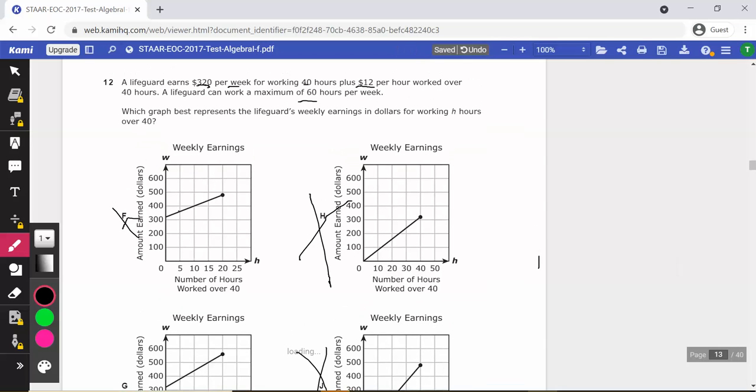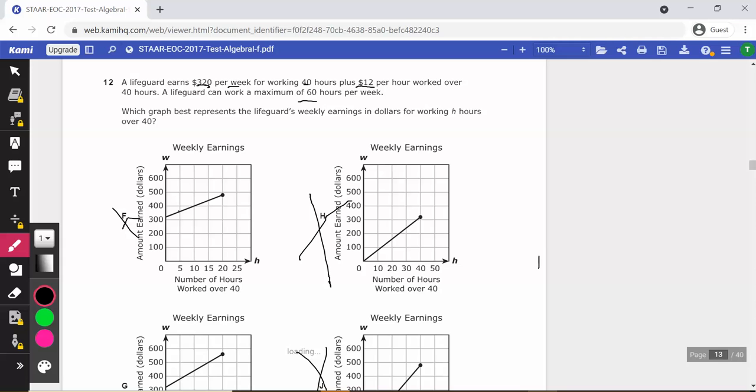How I got that 380: for every hour you work overtime you get $12, right? So if you worked 5 more hours, 12 times 5 is 60, right? Then you have your $320 already in your bank balance, so you add the $60 you made from working 5 hours overtime.